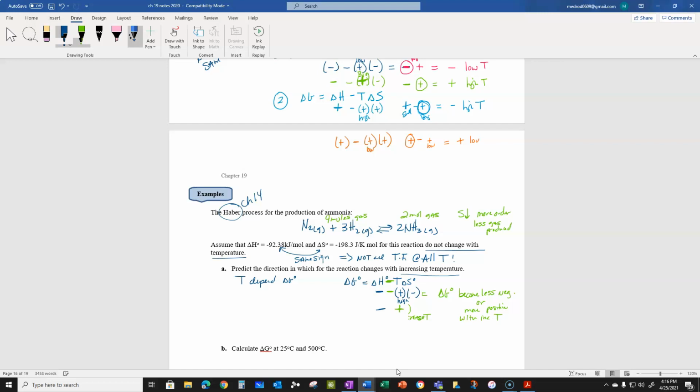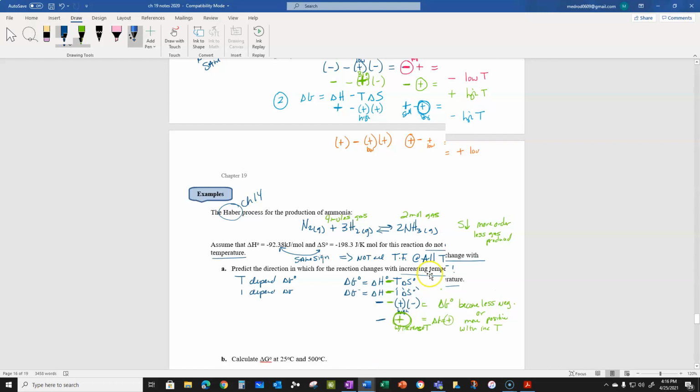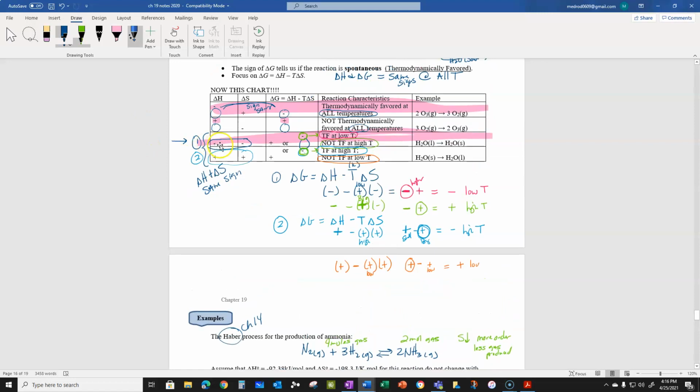Because in the end, ladies and gentlemen, what if this value right here for temperature keeps going higher and higher and higher? Well, that means in the end, my delta G has the potential to get positive. And so if you look at the chart right here, third line, if it's positive, that means it will not be thermodynamically favored at high temperature.